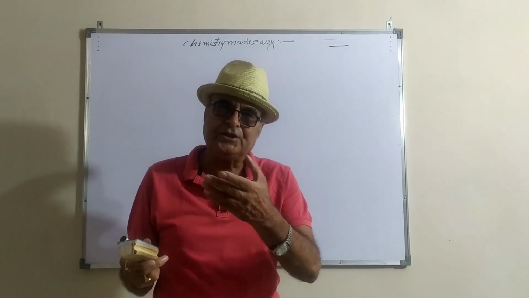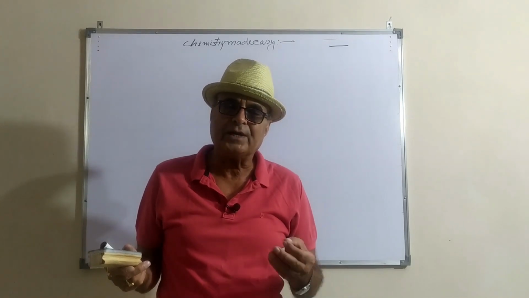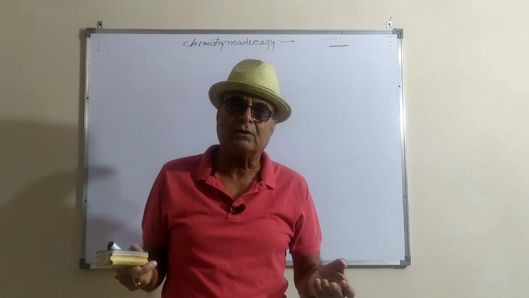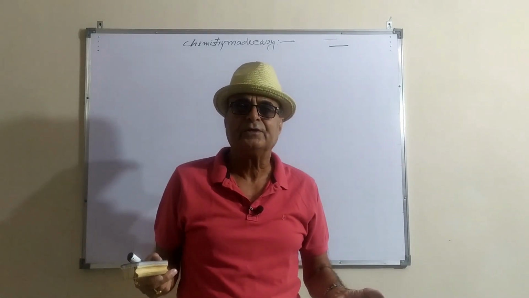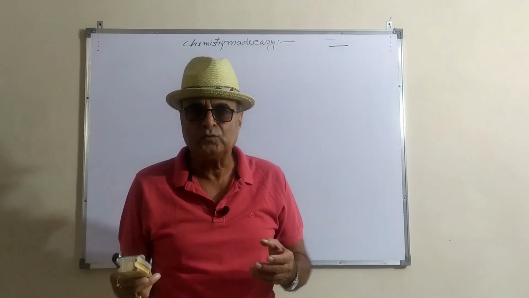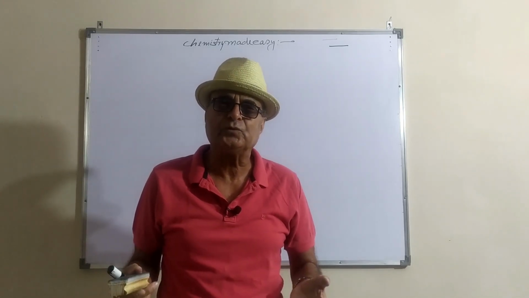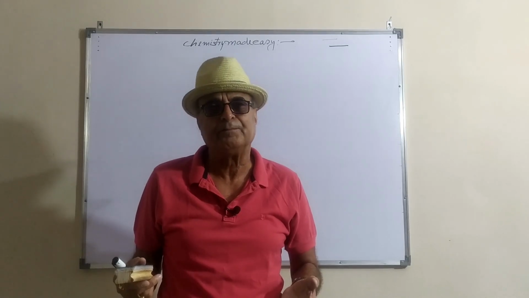There are three types of compounds in chemistry. One is ionic compound, second one is coordinate compound, and third one is covalent compound. So today I am teaching you the formulation of ionic compounds.